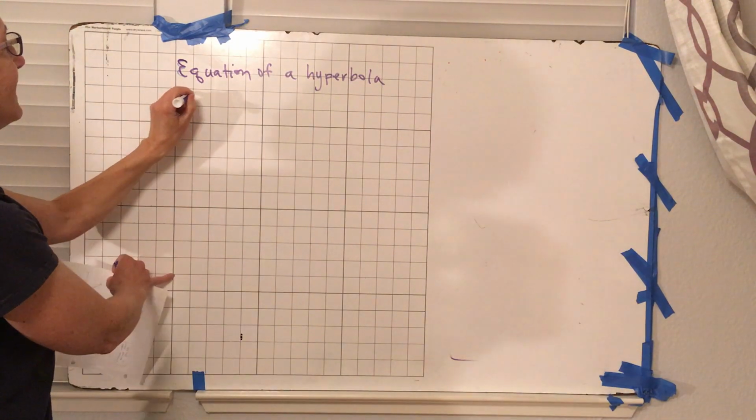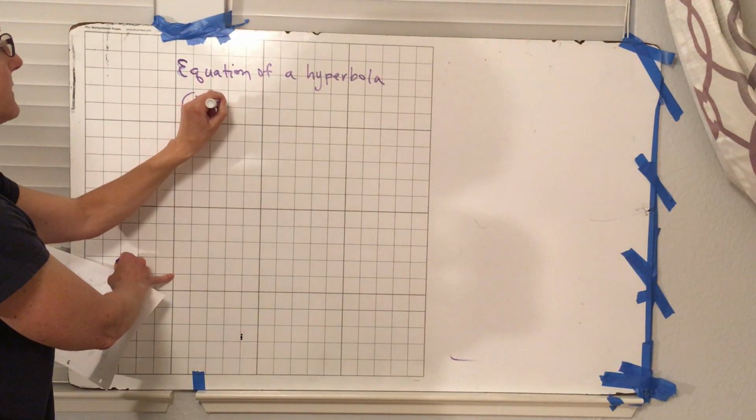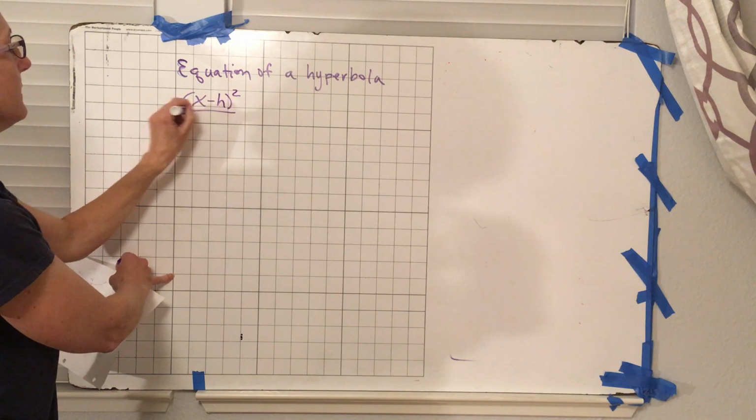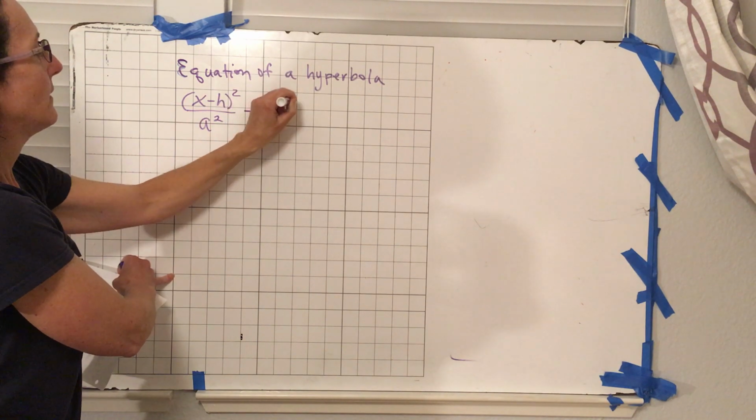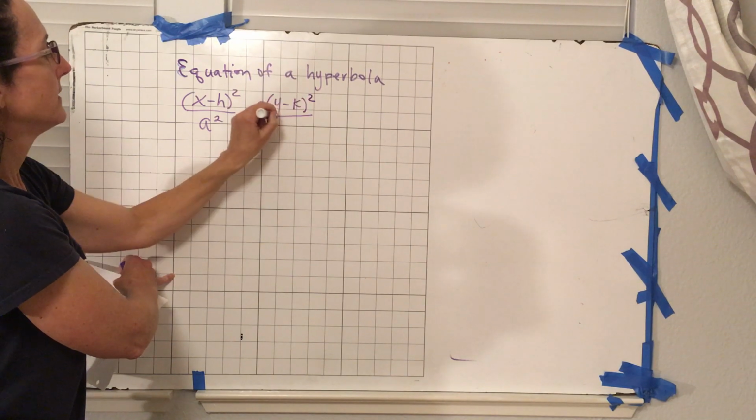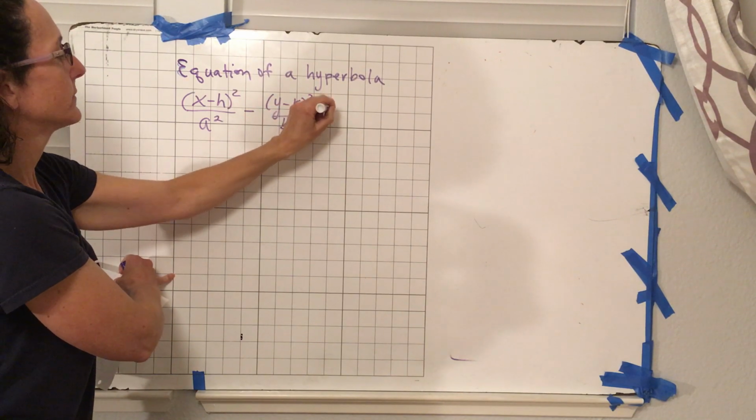It looks identical to the ellipse: (x minus h) squared over a squared minus (y minus k) squared over b squared equals 1.